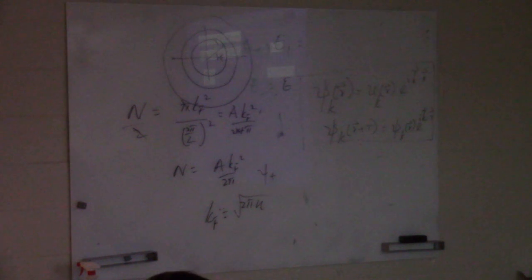What is this one? I can write this one as Ka. If you write 2 pi n over N as Ka, then you get K equals 2 pi over Na times n.